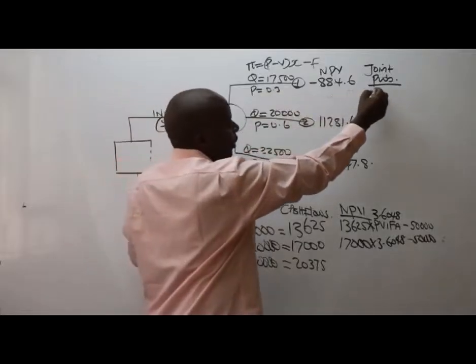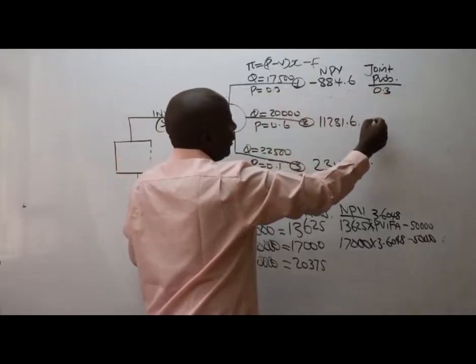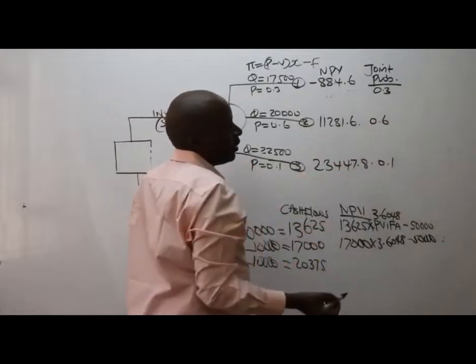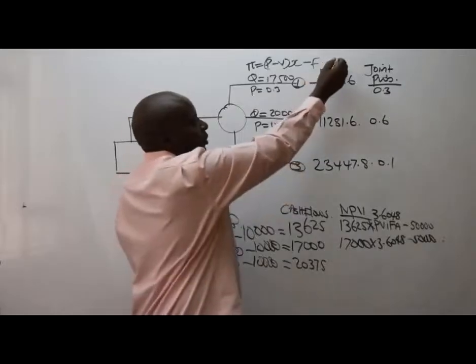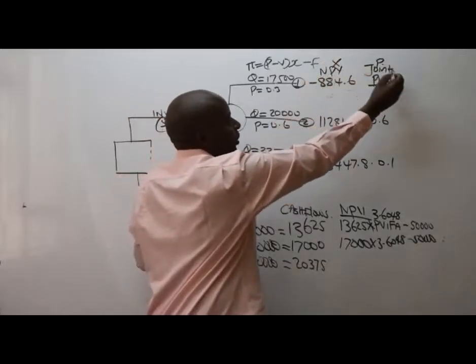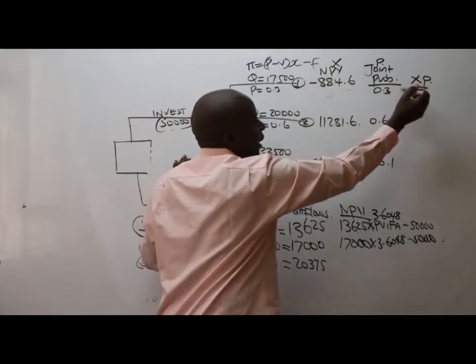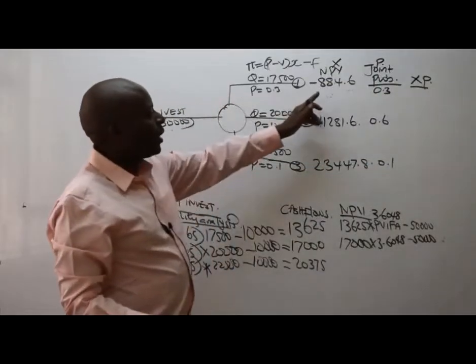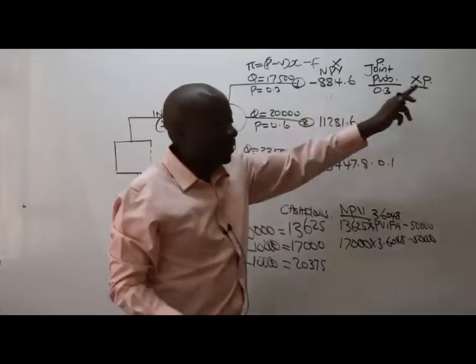So for single, you simply pull them here, 0.3, then we have 0.6, then we have 0.1. Now this becomes your X, this becomes your P. You create that column XP. So simply multiply this and this.